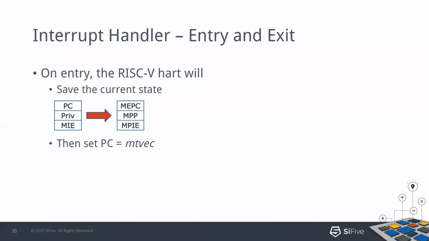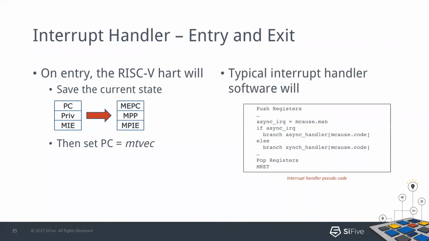It will copy the privilege mode into the MPP field in mstatus, and it will also copy the interrupt enables into the previous interrupt enable fields in mstatus. After that, it will set the program counter equal to the value of the MTVEC, or machine trap vector CSR. At that point, control of the interrupt is handed over to your particular implementation software.